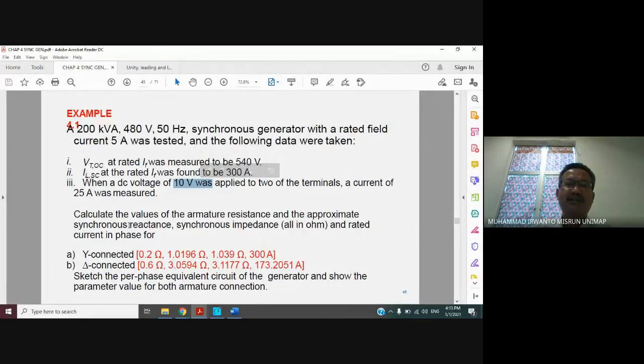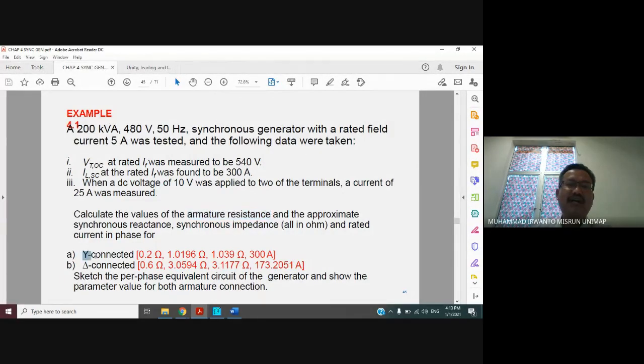Now, if it is Y connected and delta connected, for each connection, please calculate the value of armature resistance and synchronous reactance, and also draw the per phase equivalent circuit.